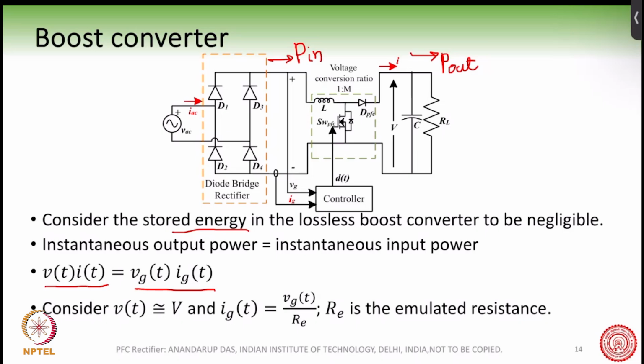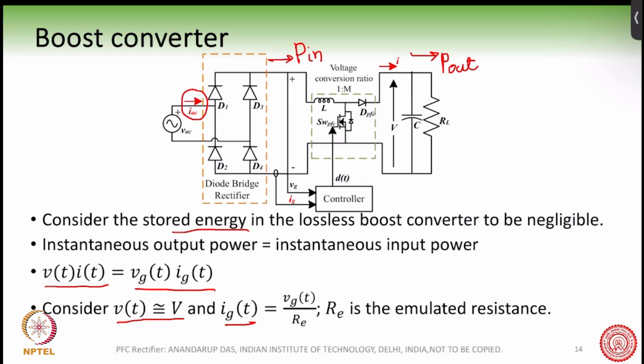Assume that Vt is almost equal to a constant voltage, capital V. And so IGT here, we know that we want this IAC current to be perfectly a sine wave.